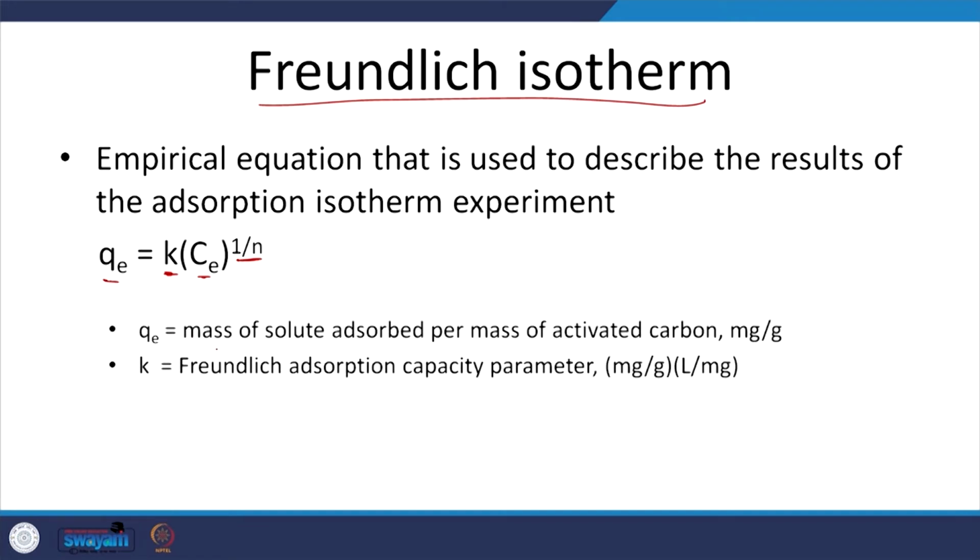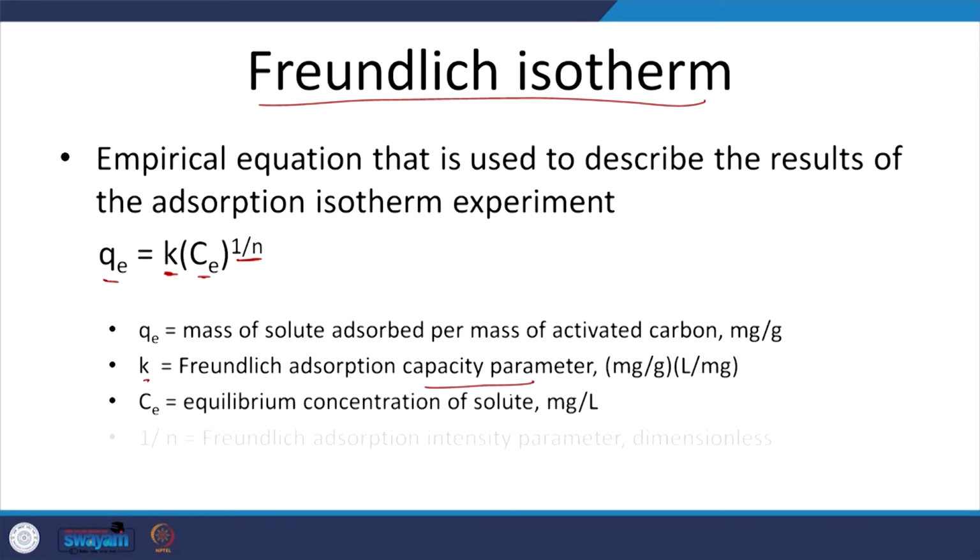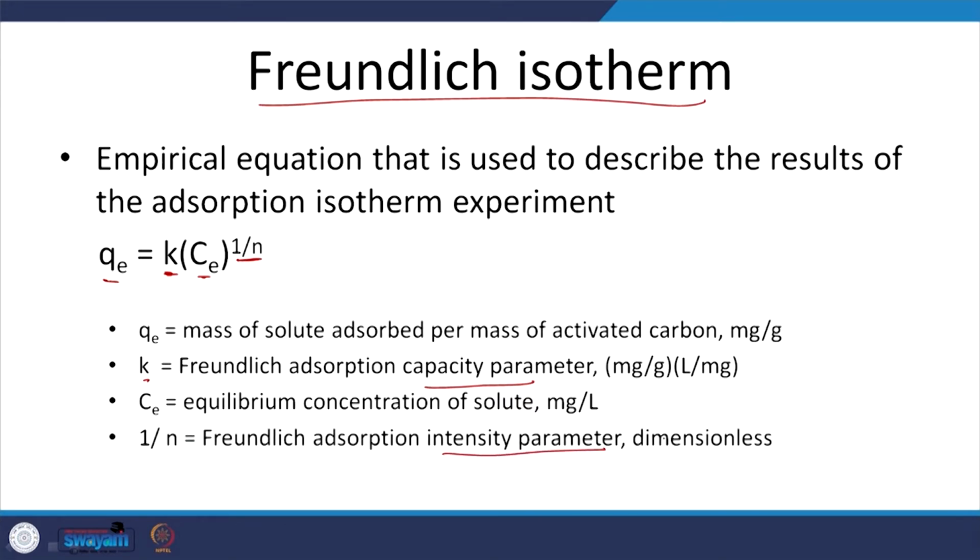Qe is equal to, obviously, mass of the solute adsorbed, let's say adsorbate per adsorbent, right, and K is the Freundlich adsorption capacity parameter, and Ce is the equilibrium concentration of solute, and 1 by n is the Freundlich adsorption intensity parameter, as I mentioned, which is dimensionless. But again, some people use n, so you have to look at that. Again, this is a pretty good fit, or typically explains the adsorption onto activated carbon pretty well. That's something to keep in mind.